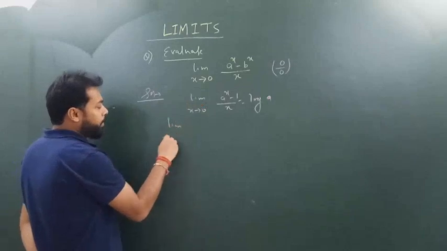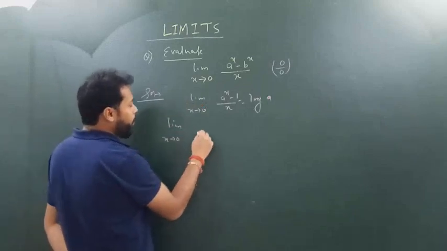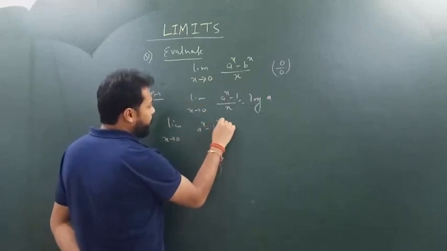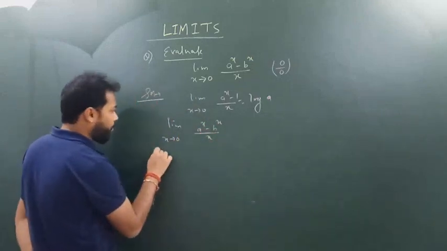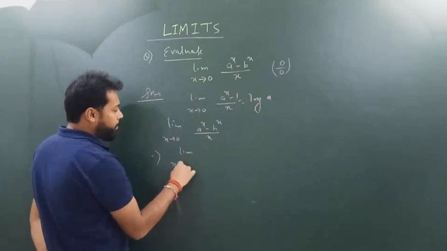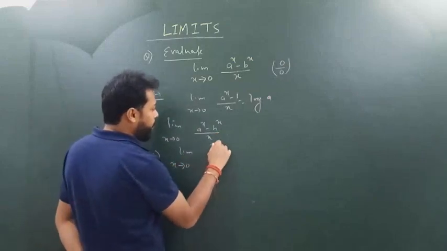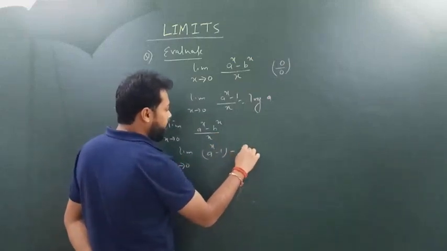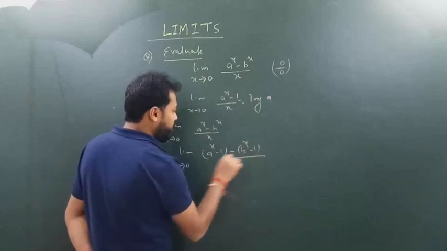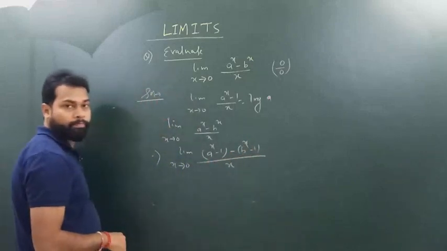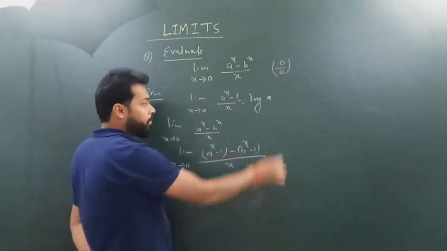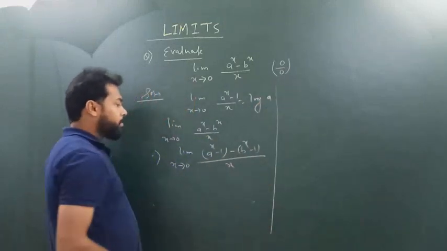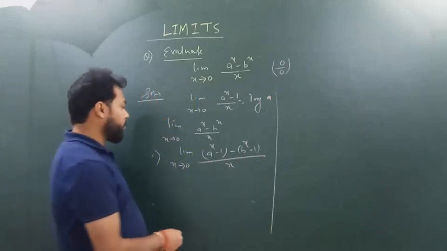So limit x tends to 0, (a^x - b^x)/x can be written as limit x tends to 0, ((a^x - 1) - (b^x - 1))/x. This is minus 1, this is plus 1, that will get cancelled out.